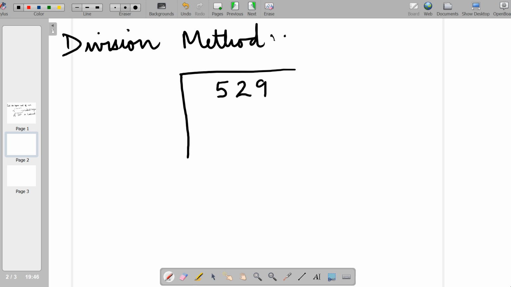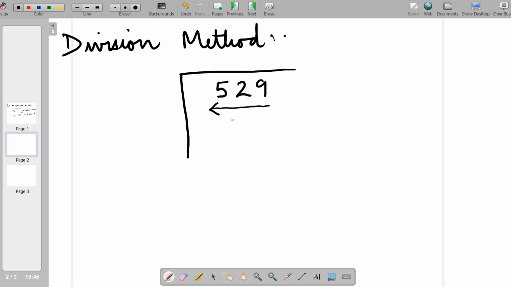The very first thing to look at is, whenever you are given any number, whether it is a 3-digit number, 4-digit number, or any digit number, you will traverse the whole number from right towards the left. That means you move from the ones position, tens position, and so on.